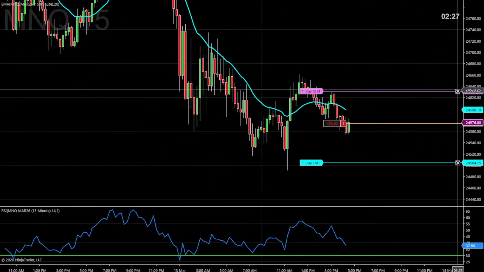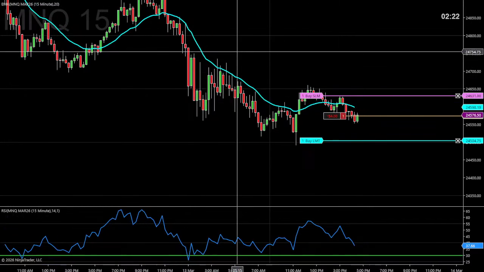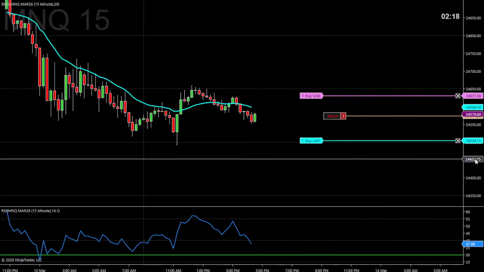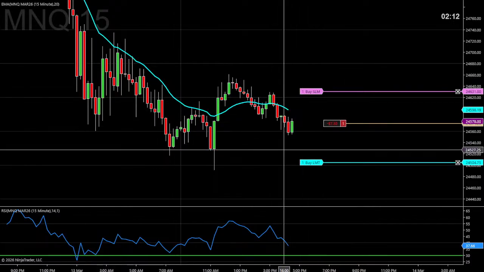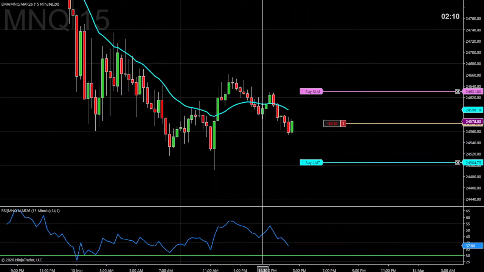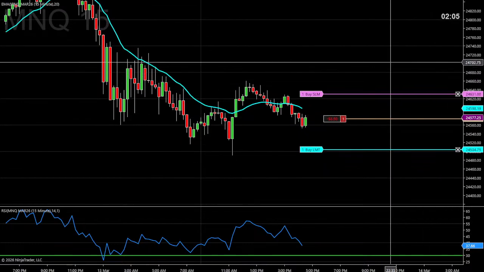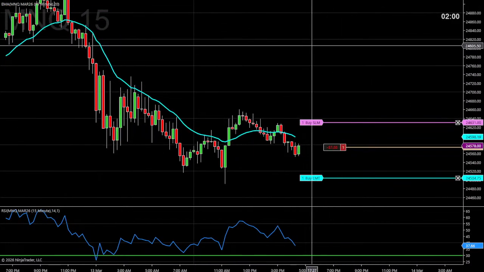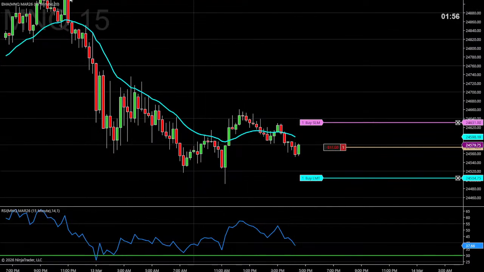But considering it's doing some kind of mean reversion, that we've been under the average here, maybe it does want to go back up, which I'm not too happy about. But if it does, it has quite a fair distance to go up, so there would be some opportunities there. Another 2.5 hours until London opens.